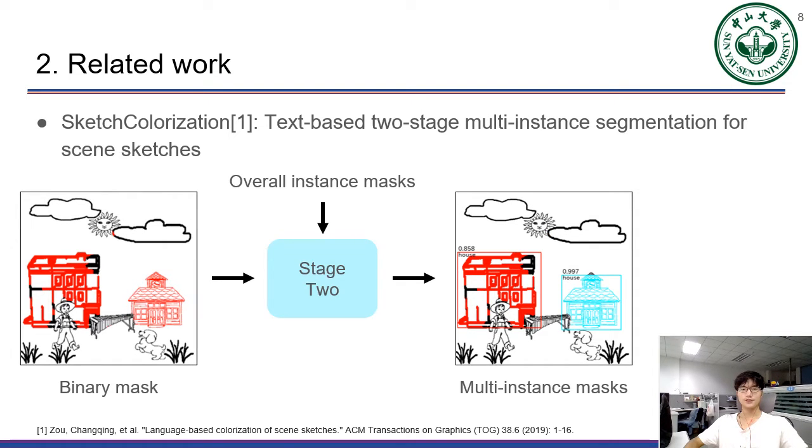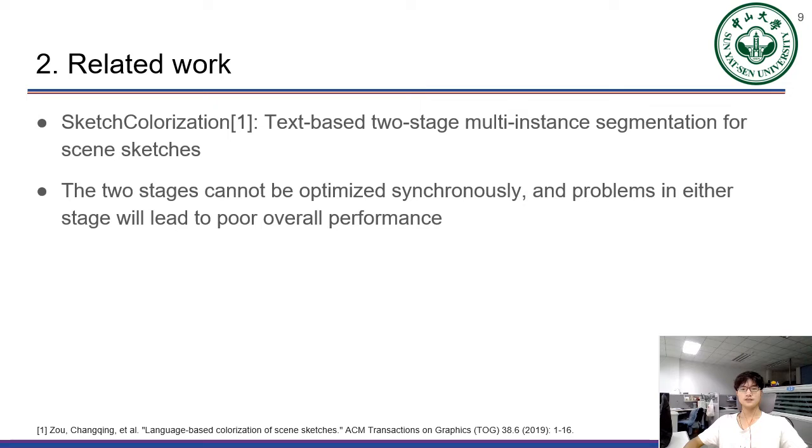In stage 2, in order to get multi-instance masks, they use a pre-trained instance segmentation model like Mask R-CNN to get the instance masks, and then match the area of the binary mask with the instance masks to obtain the final target instance masks. Obviously, the two stages cannot be optimized synchronously, and a problem in either stage will lead to poor overall performance.